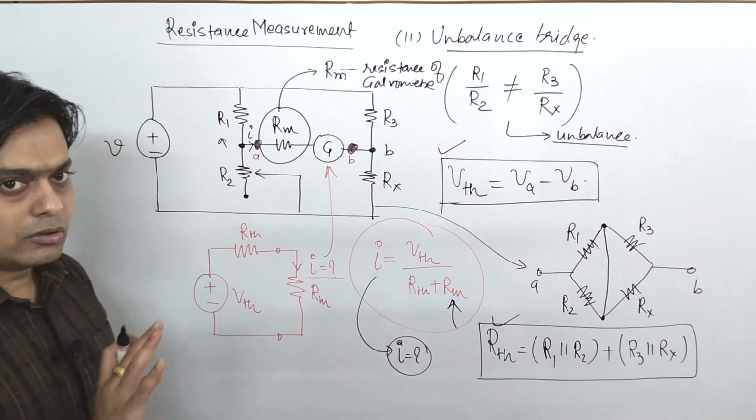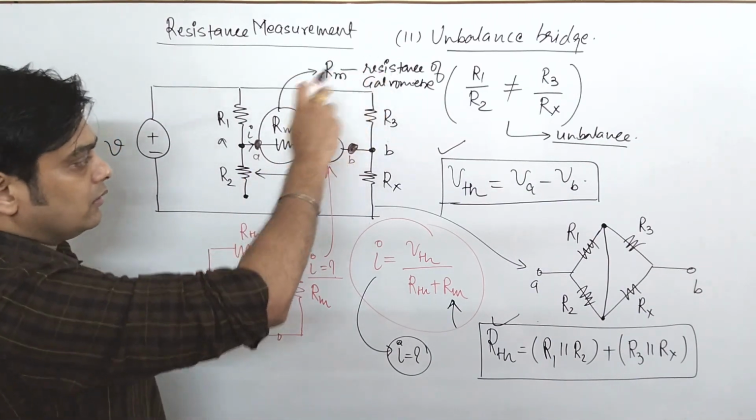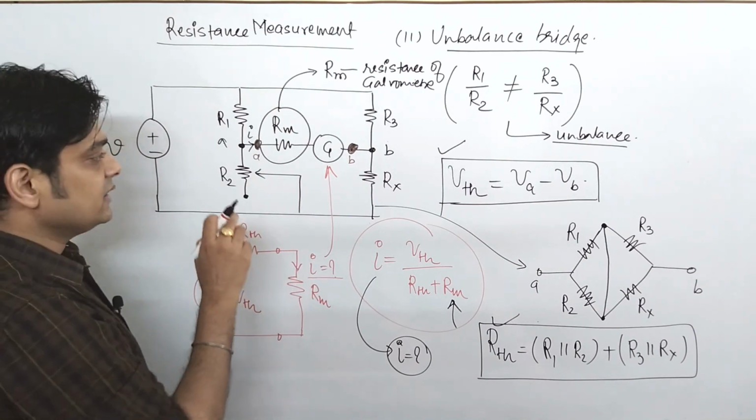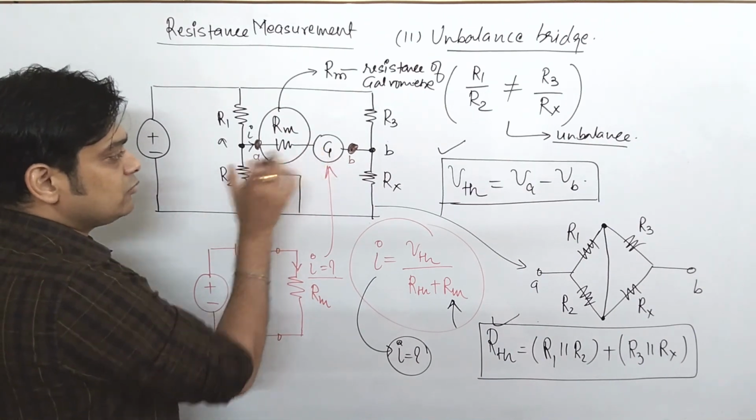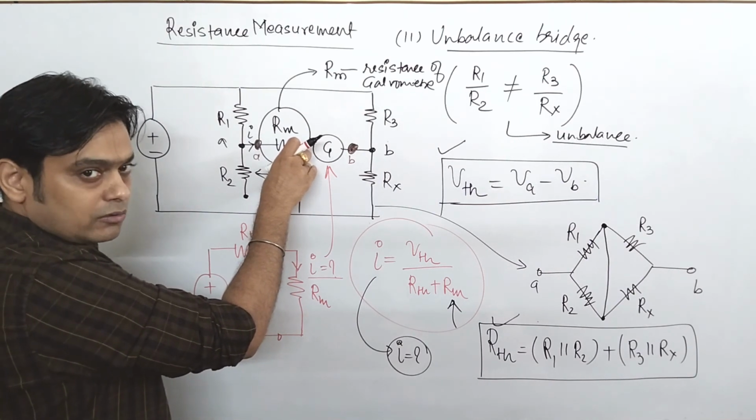I have not talked about any Thevenin's equivalent there. But when we talk about the bridge being unbalanced, in that condition we will find the Thevenin's equivalent across these two terminals.